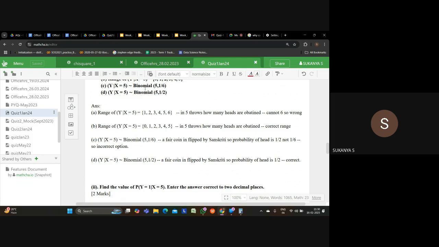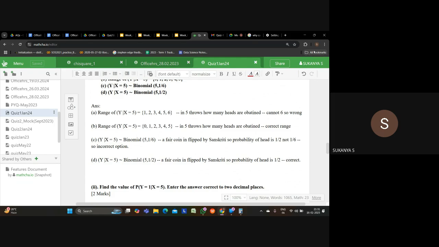Just use the binomial PMF, and don't go and find the combinations, even though that is possible. Put x equal to 1 in the binomial PMF, so you get 5C1, 1 by 2 raised to 5.